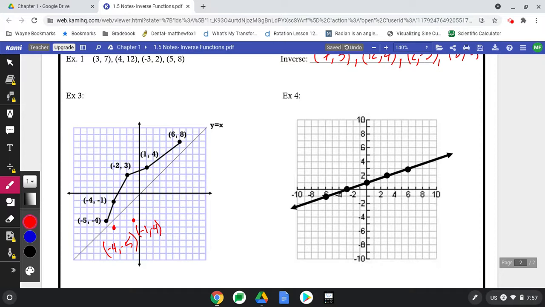Negative 2, 3 becomes 3, negative 2. 1, 4 becomes 4, 1. And finally, 6, 8 becomes 8, 6.